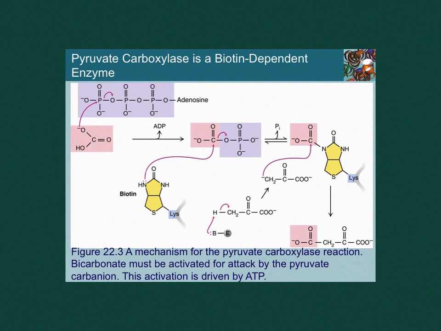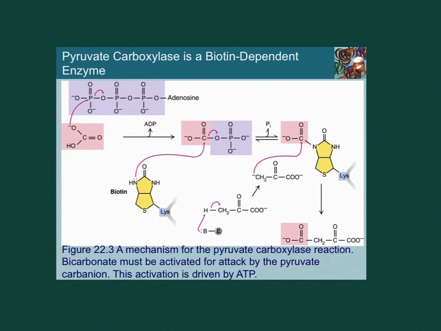Alright, just to show you the chemistry of this reaction here. We have our carbonic acid. It shows the oxygen attacking the phosphate. We release ADP, and here is our activated carbon dioxide.